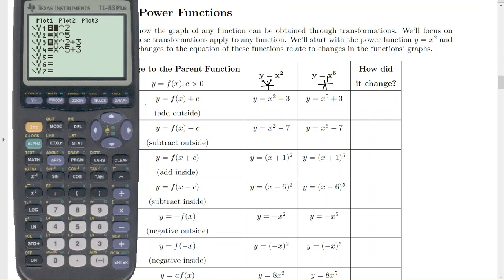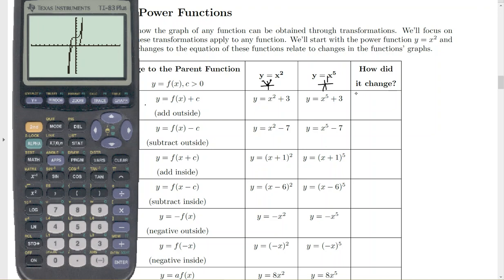And we're going to see the same thing happens. We turn these off and do x to the fifth now, +3. So x to the fifth goes in first, but then when I do the +3 to it, everything gets sort of cut and pasted up 3 units. So how did it change?